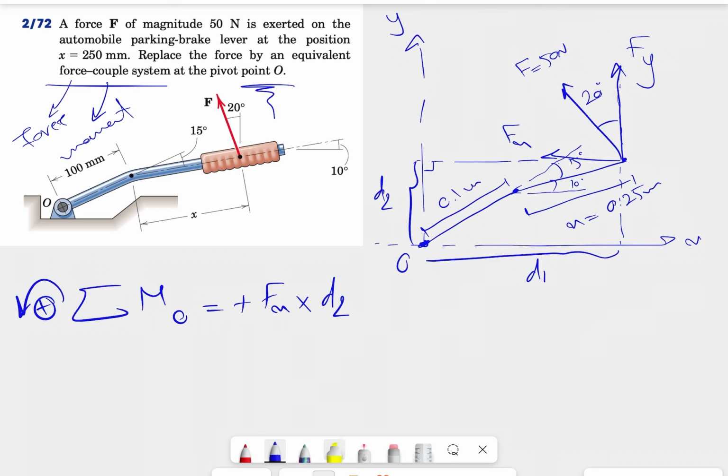And if we look at the Fy, it will be the same. Again, we'll have this moment about point O, which is again counterclockwise, so it will be positive again. So for that also we have Fy times the perpendicular distance, which will be d1.